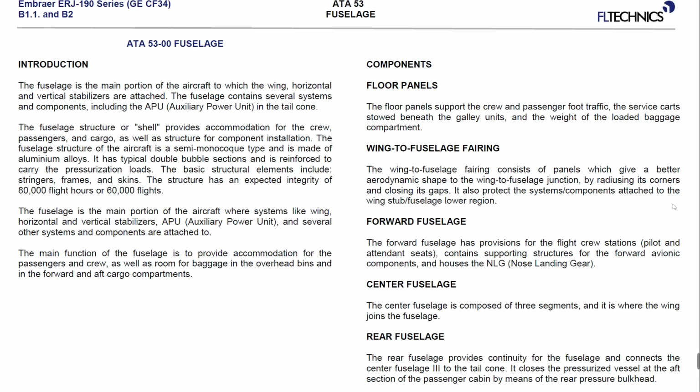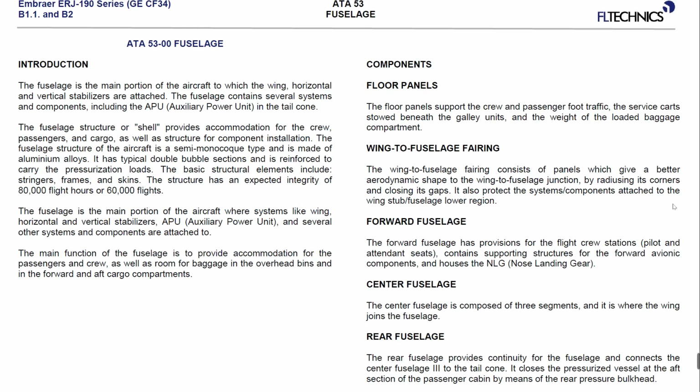The main components you already told me before the break: stringers, frames, skin, and ribs. We have, of course, additional structural elements, but the main components of the structure are stringers, frames, and skin.